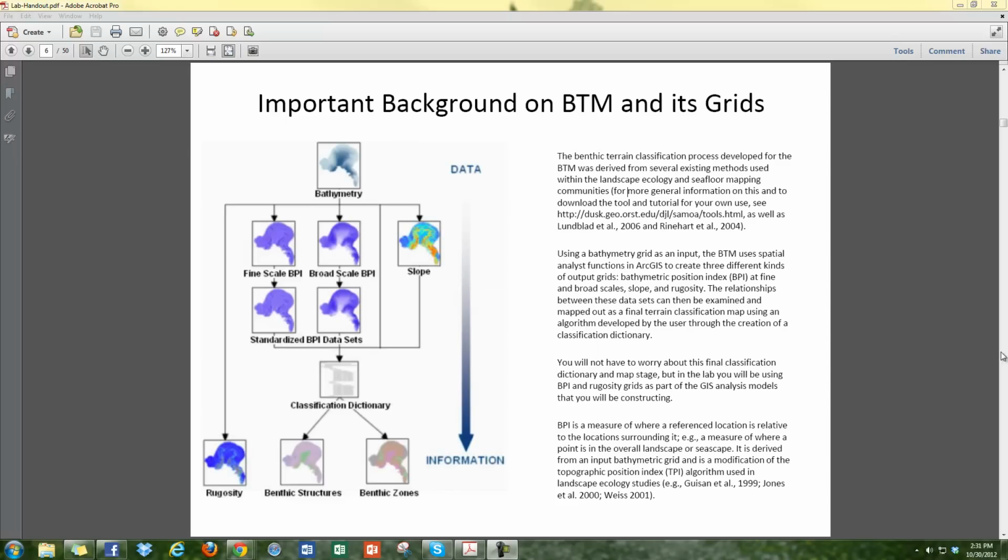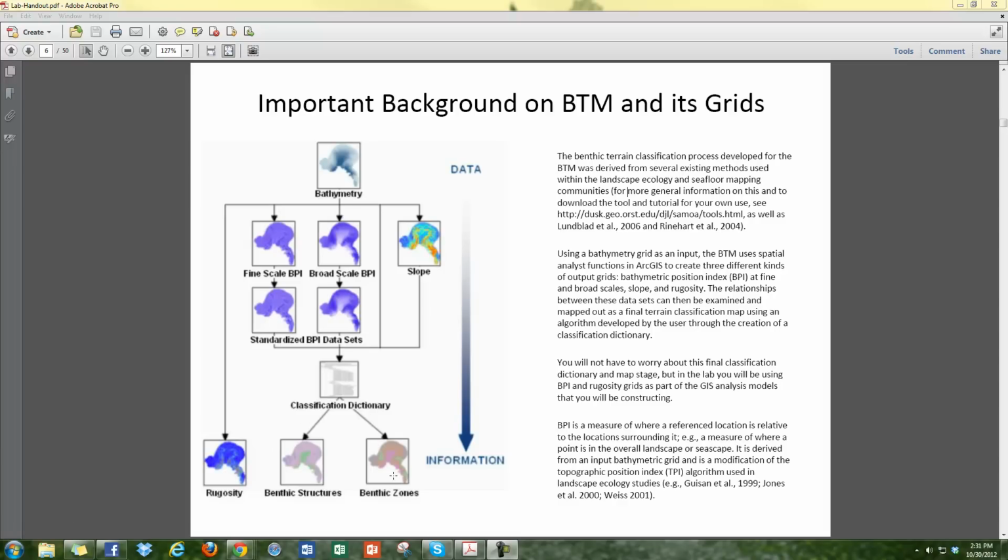Today we're going to be looking at bathymetry data, and we're going to use that to do different kinds of calculations, which will give us different information about the underwater environment. We could find out the different kinds of slopes, or we're going to look at classifying different objects about the terrain, like rugosity.